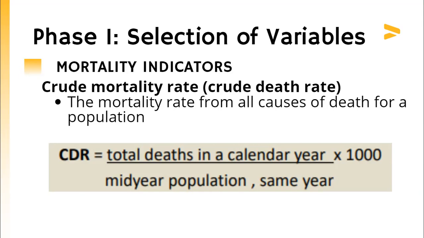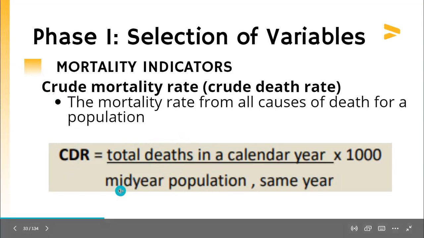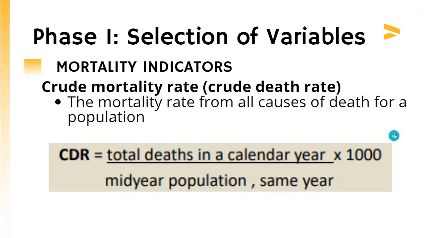So the crude death rate, abbreviated as CDR, is calculated as the total number of deaths, without specifying what has caused the death or what particular disease, divided by the mid-year or total number of population in that same year in which the deaths occurred, and then we multiply it by a factor.